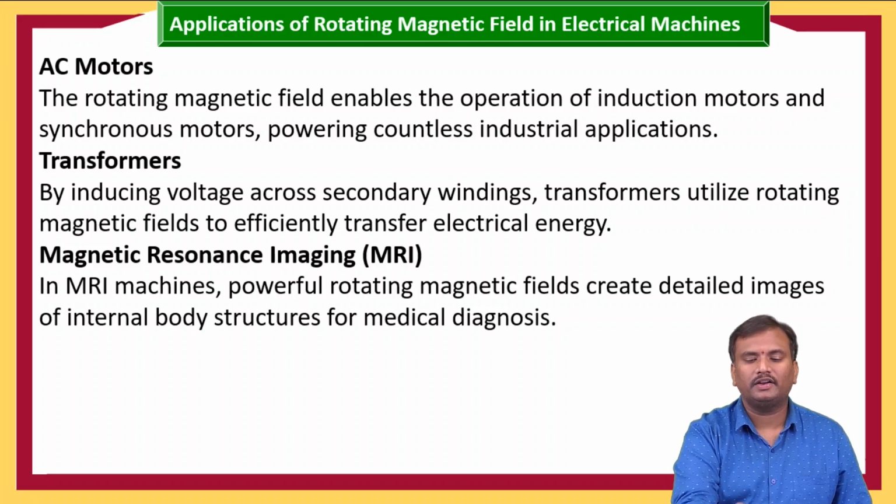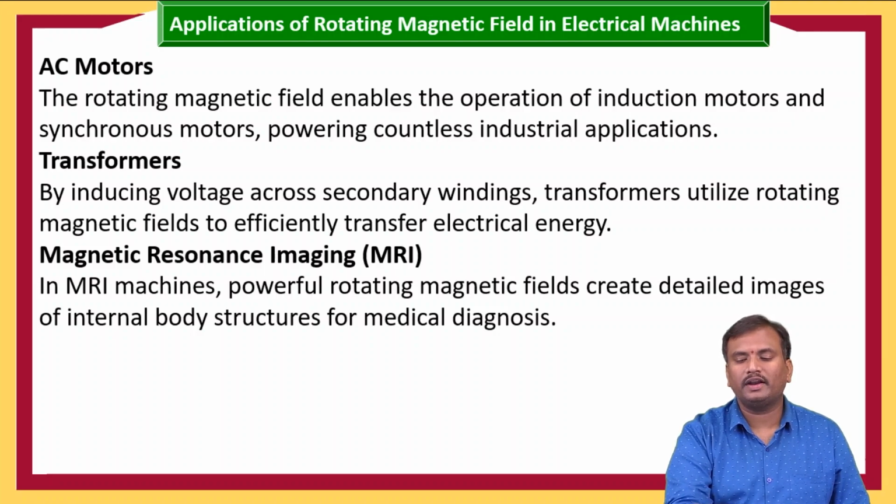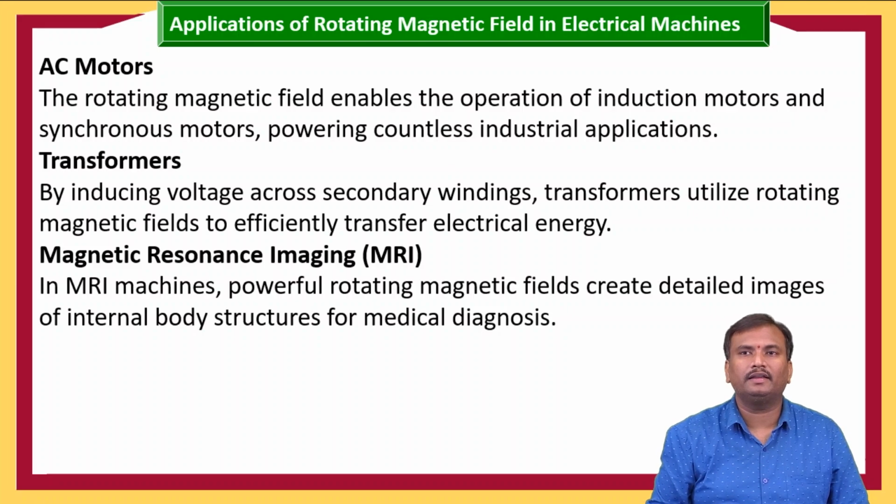In magnetic resonance imaging, MRI machines use powerful rotating magnetic fields to create detailed images of internal body structures for medical diagnosis. These are the several applications of the rotating magnetic field.